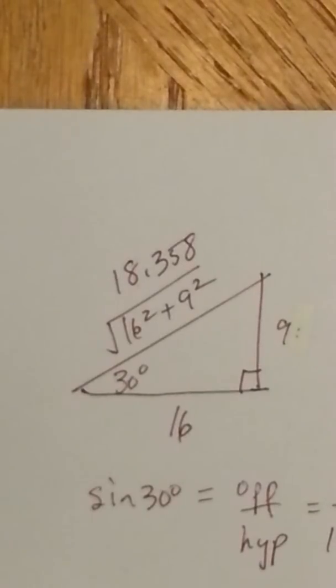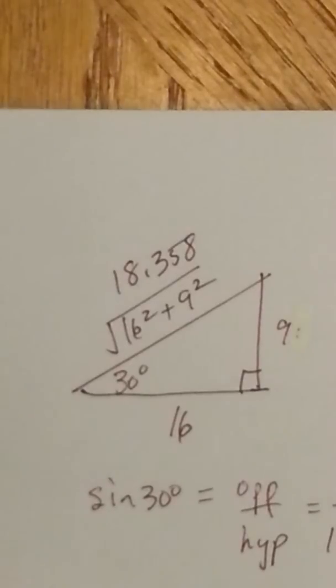Let's start getting some numbers here. 9 divided by 18.358 is 0.4902. 16 divided by 18.358 is 0.8716.